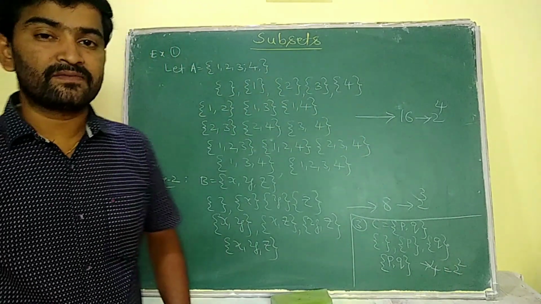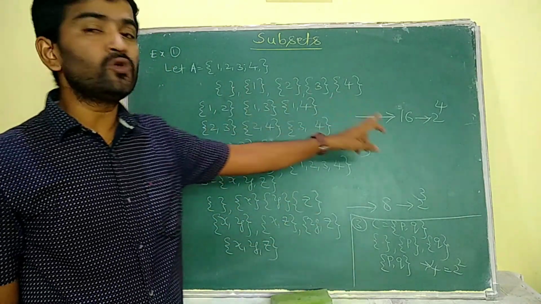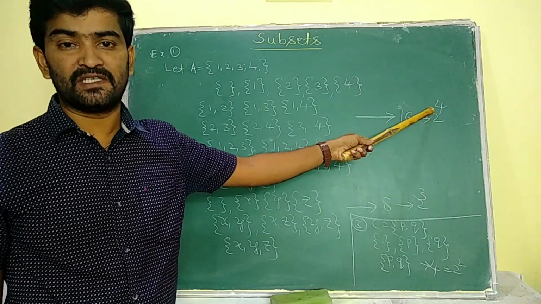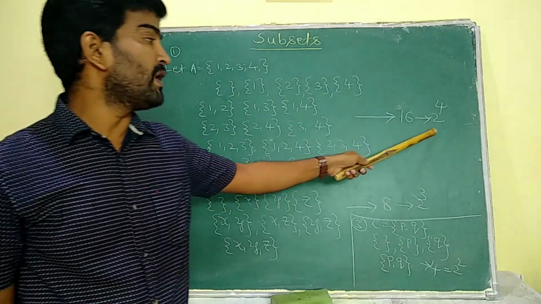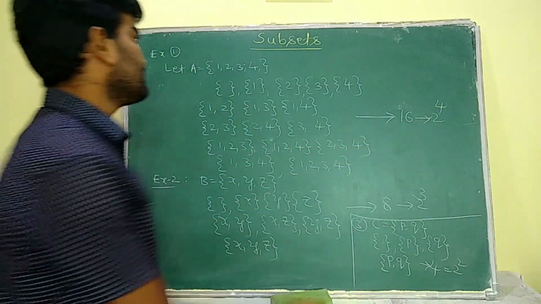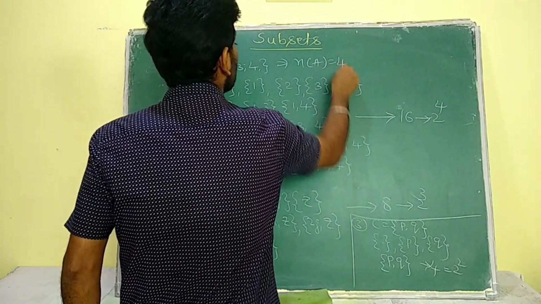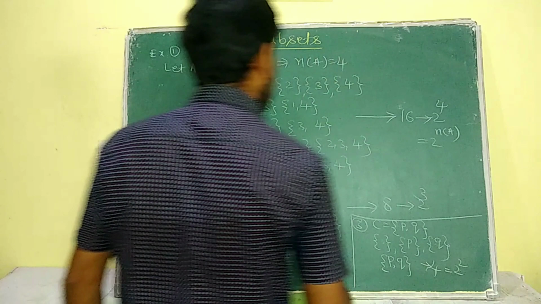Okay, by this we will generalize that each set is having 2 power the number of elements in that set as subsets. See, it is having 4 elements in this set, so 2 power of 4. That means its cardinality is n of A. n of A is equal to 4, so it is having 2 power n of A subsets.